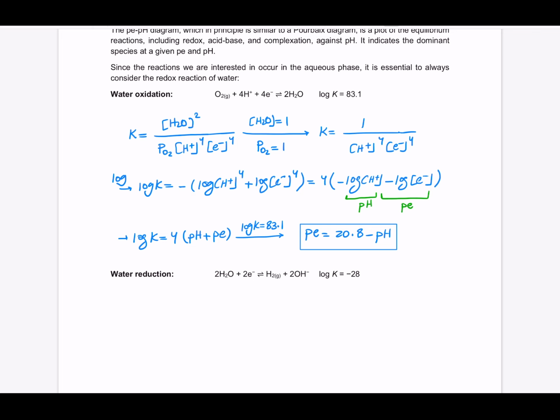So again, what we did was pretty straightforward. We used the expression of the equilibrium. We wrote it in a way that eventually gives us pe and pH. And then we have an equation as a function of pe and pH, because that's the space we're interested in, to give us a line on which we have equilibrium between the species.